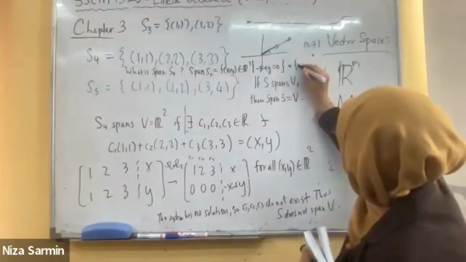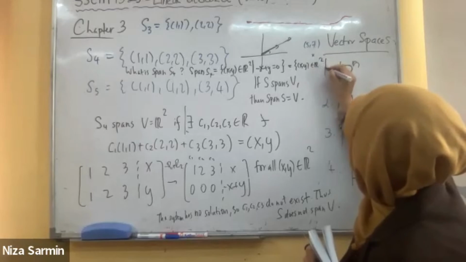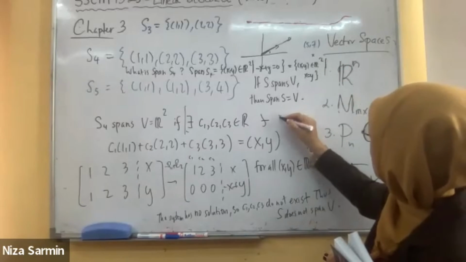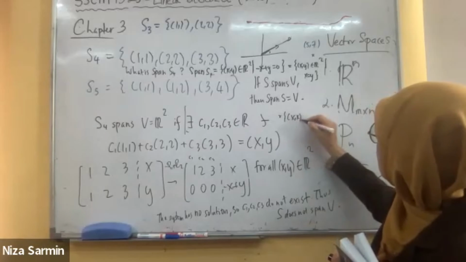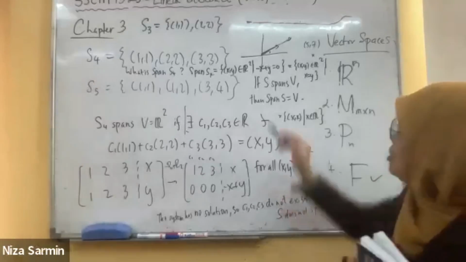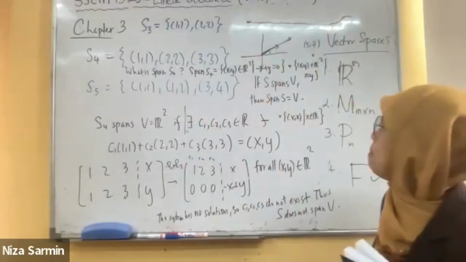You can write (x, y) in R2 such that x is y, or you can write (x, x), x in R, which is this line, right?